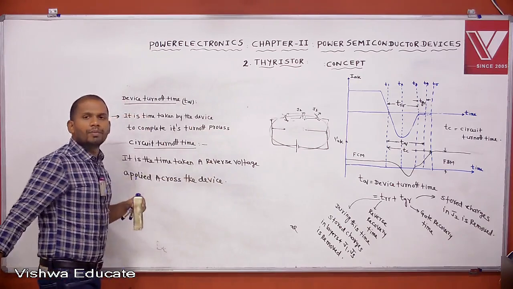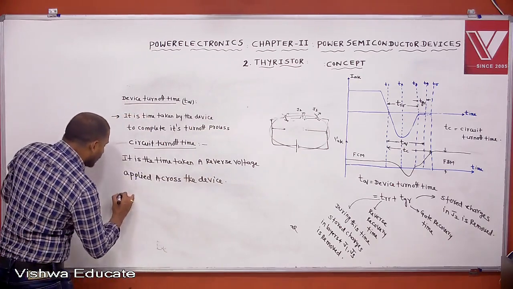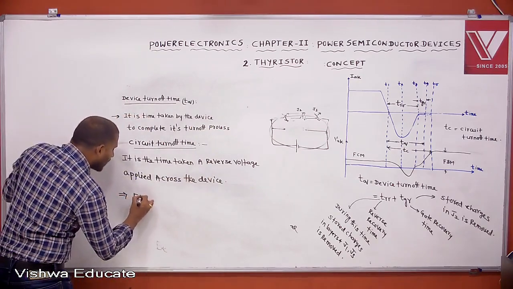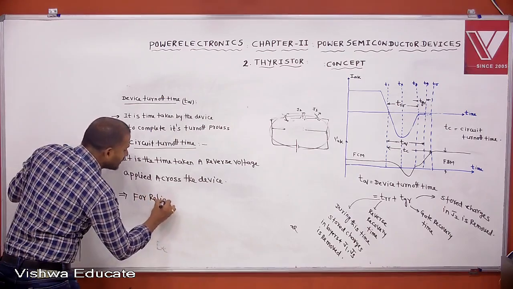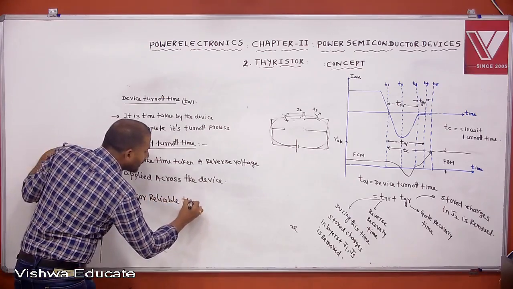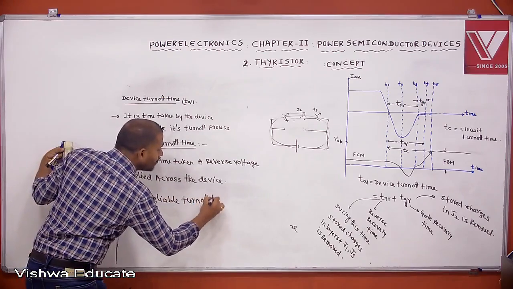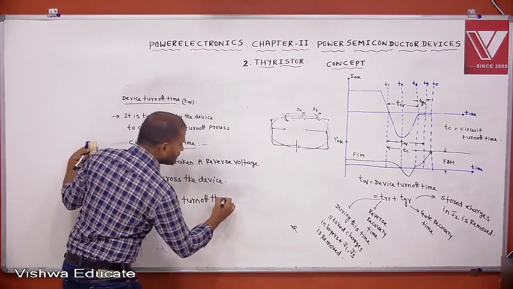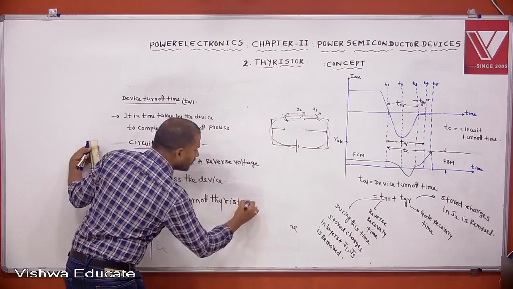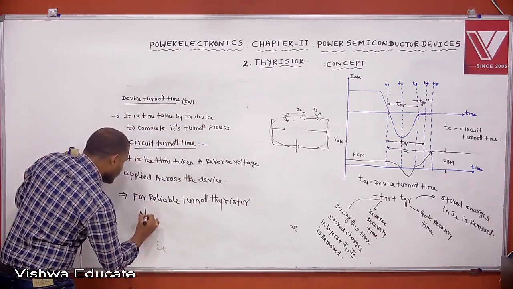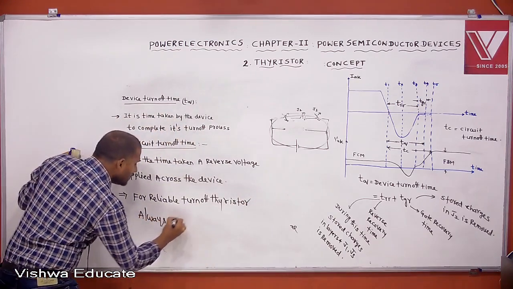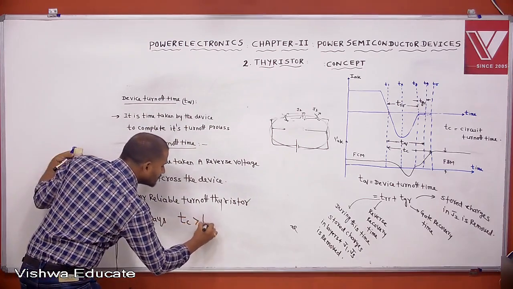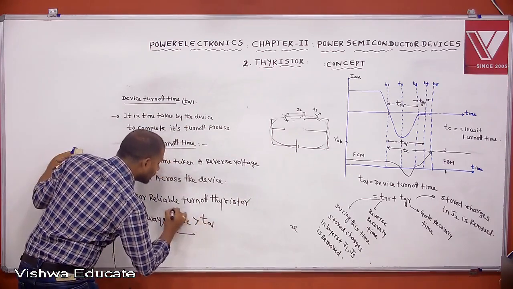Then a point to remember: for reliable turn off, that means to eliminate the commutation failure, for reliable turn off of the thyristor, which time is always greater? Circuit turn off time is greater than device turn off time.